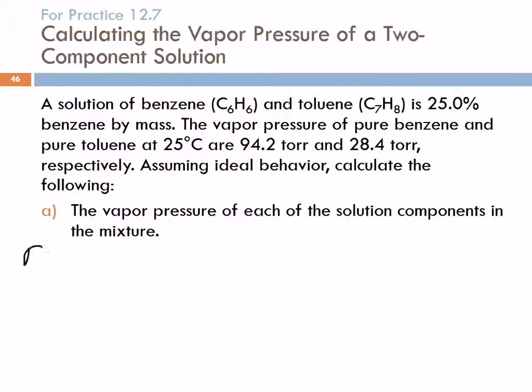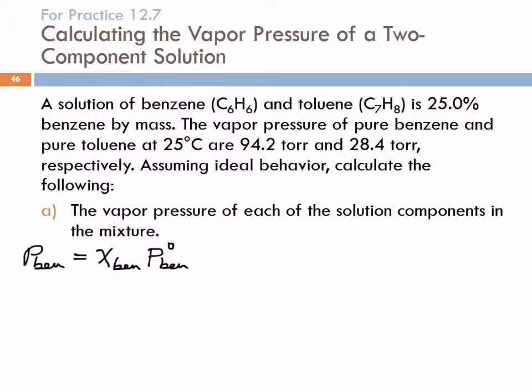So the partial pressure of the benzene, I'm going to call benzene Ben, will equal the mole fraction of the benzene times the vapor pressure of pure benzene. And likewise for toluene. So we're going to need mole fractions.